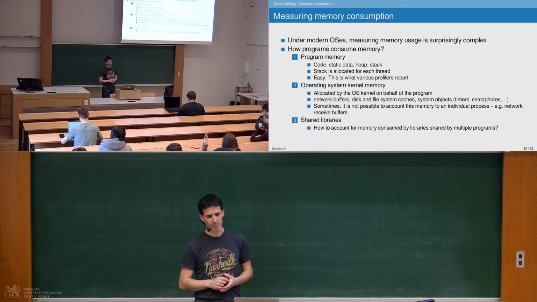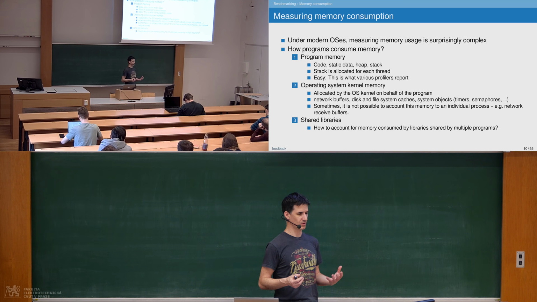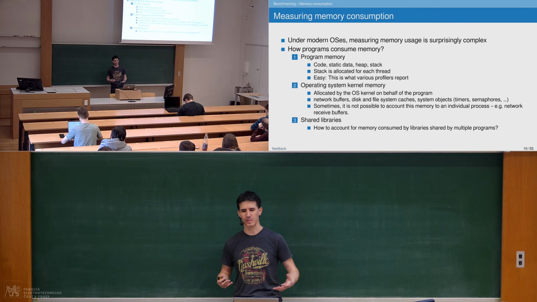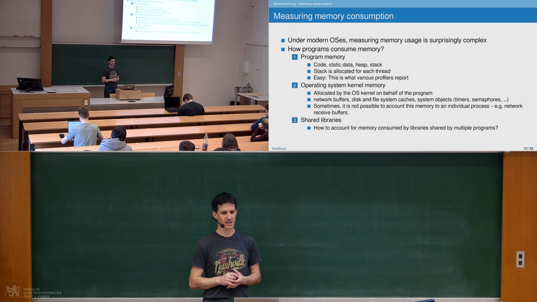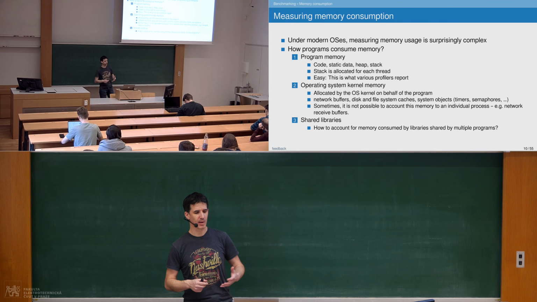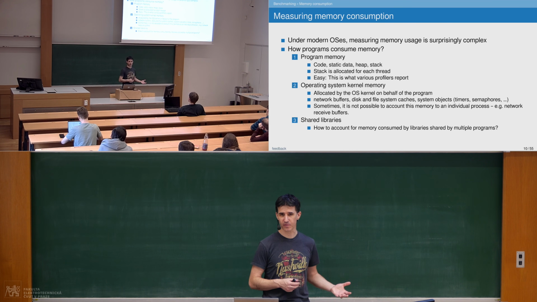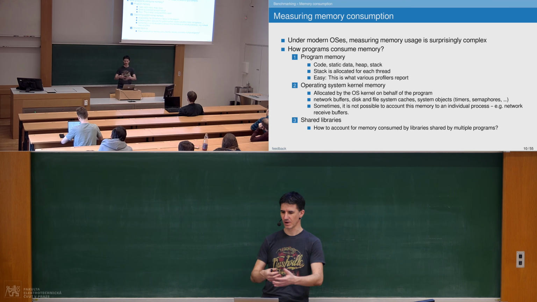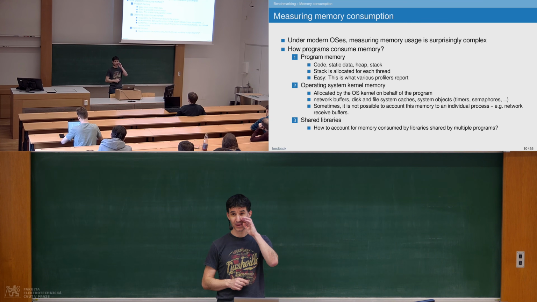And typically, all programs running on your system somehow share this memory. So without some additional digging into the operating system, it's not easy to figure out how much memory is consumed by your program in networking buffers, disk caches, or whatever else is used by the operating system.